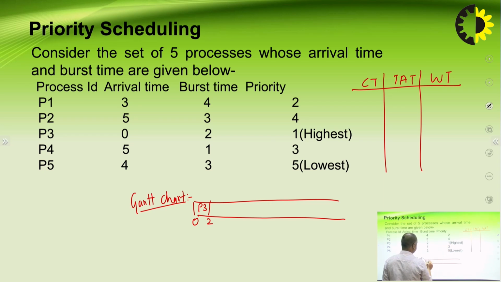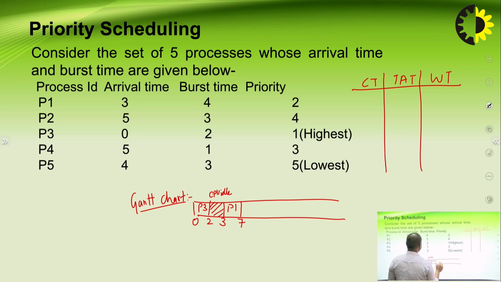From 2 to 3 the CPU would be idle, because the next process has to arrive. Again we check which has the priority among those that have arrived. The burst time is 4, so P1 runs for 4.